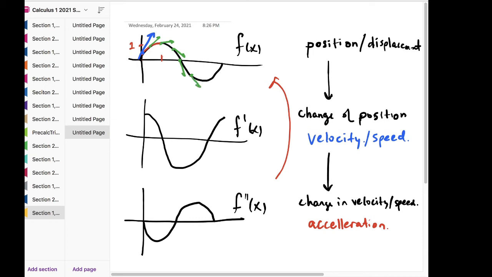Is the slope increasing or decreasing in this interval? If you want to say speed, is the speed increasing or decreasing? Remember, the slope with the arrows represents speed. It's decreasing, correct. So what does that tell you about the acceleration?